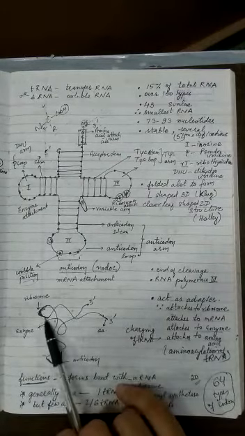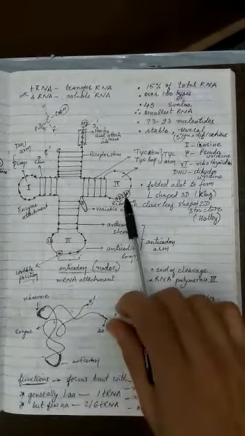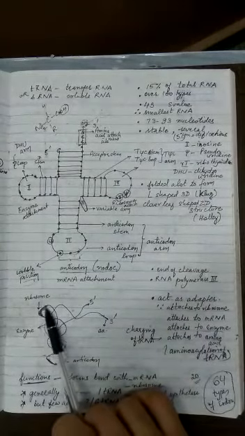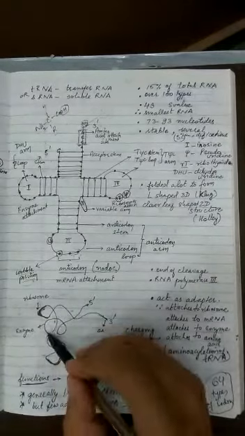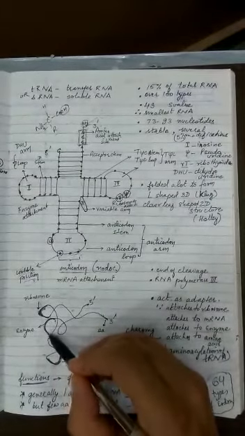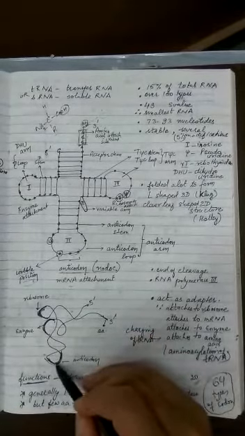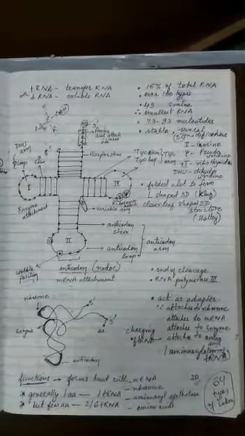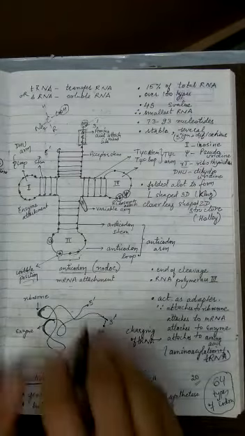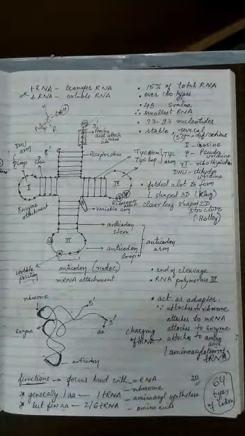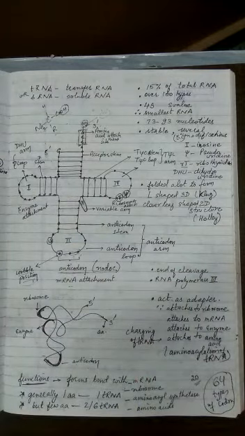This is the T-Psi arm, to which the ribosome attaches. This is the portion where the enzyme attaches, and this is the portion where the mRNA attaches with the help of the anticodon. So when you open this whole thing into 2D, it appears like the clover leaf shape. I hope this whole diagram is made clear to you.